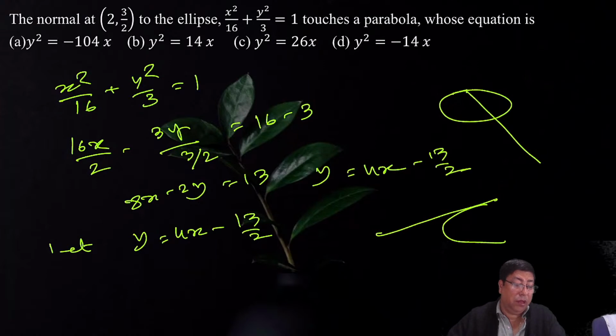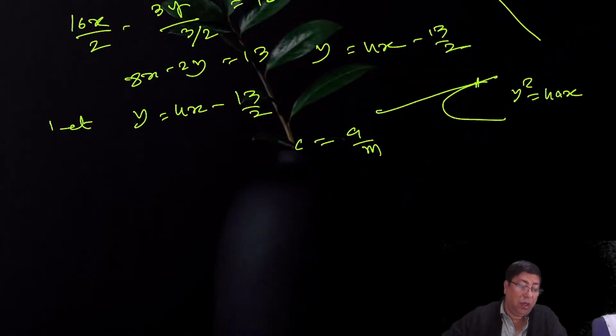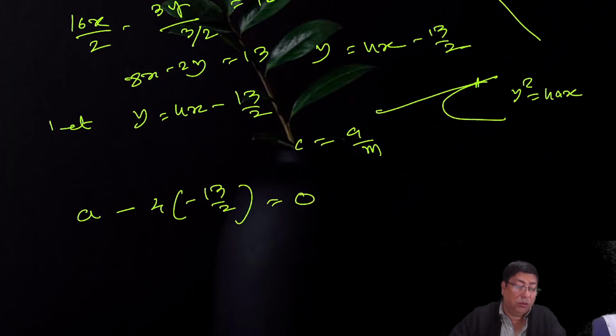Suppose it touches the parabola y square equal to 4ax. So c equal to a by m. Using c equal to a by m, a minus 4 into minus 13 by 2 equal to 0.